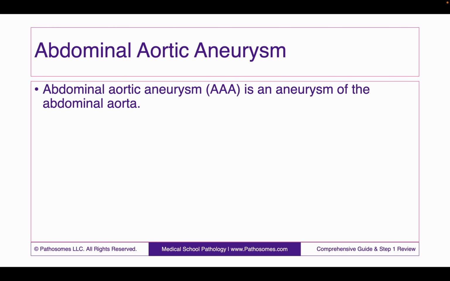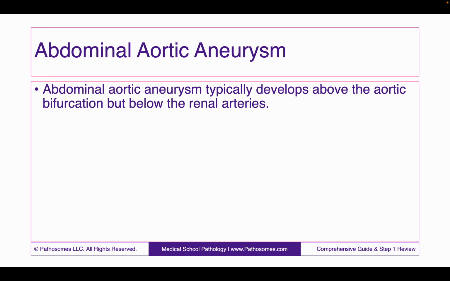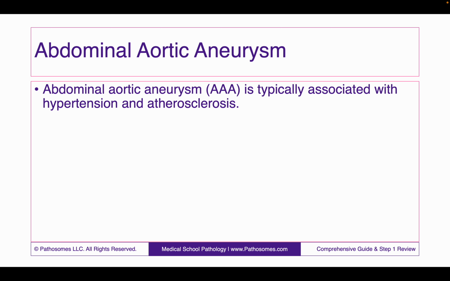Now, with regard to abdominal aortic aneurysm, AAA, that is an aneurysm of the abdominal aorta. An abdominal aortic aneurysm typically develops above the aortic bifurcation but below the renal arteries.